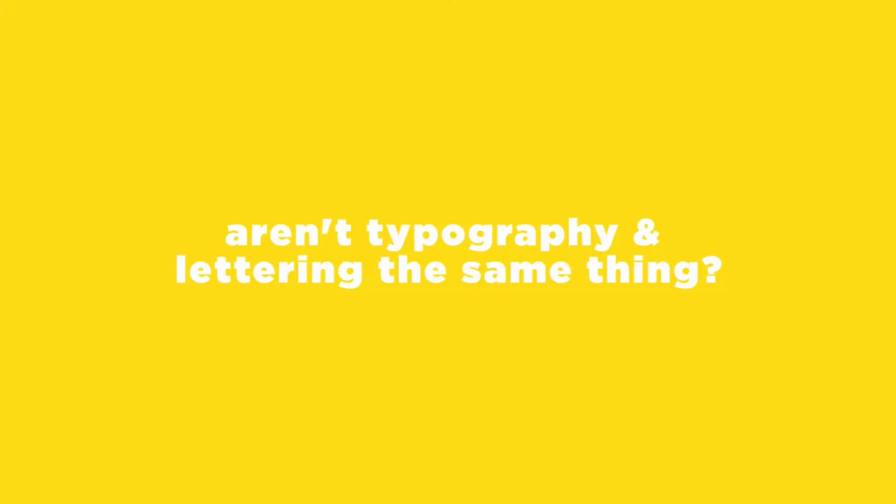Okay, so basically typography is arranging any type of text in a way that is going to engage the reader, create a bit of interest, and make it really easy to digest for the reader. There's a massive difference between typography, type design, and hand lettering or lettering.